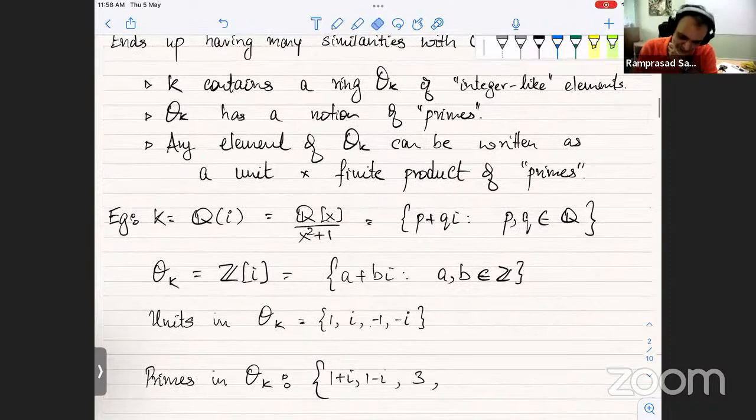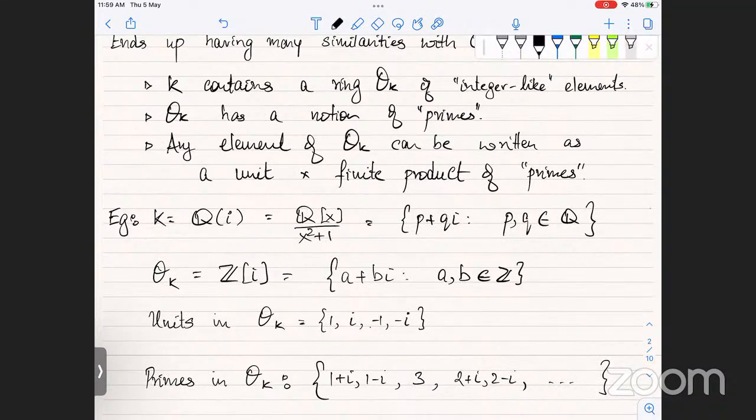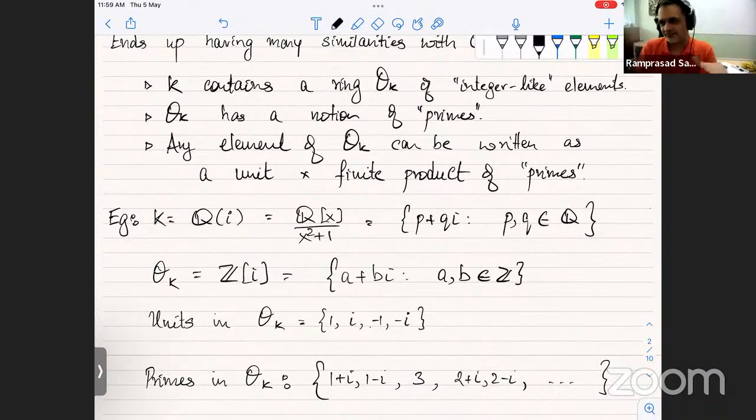So 5 is also not prime here, but instead I'll have to write 2 plus I and 2 minus I. And so on. So what's happening is that some of the primes that you are more used to stay as primes, but some of these primes actually split in this world.